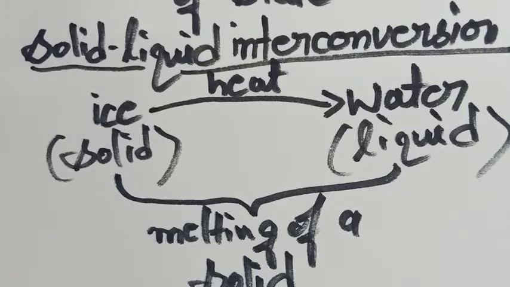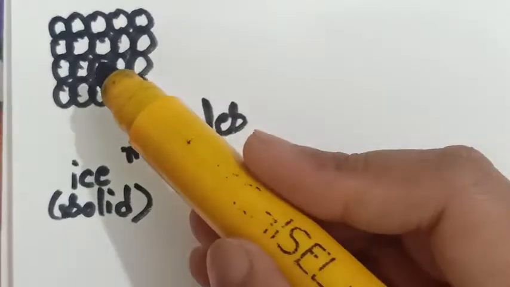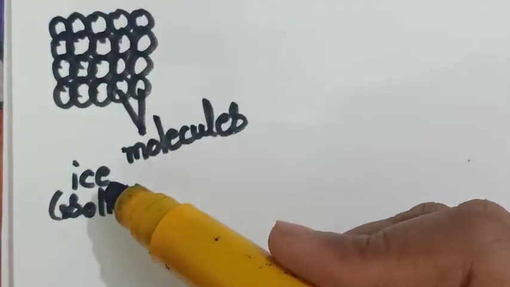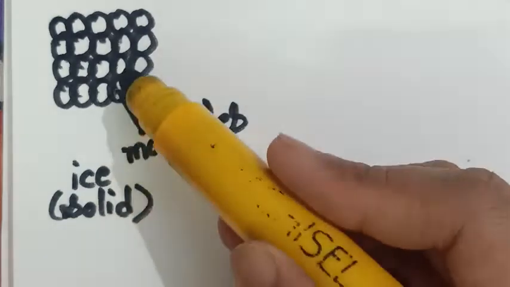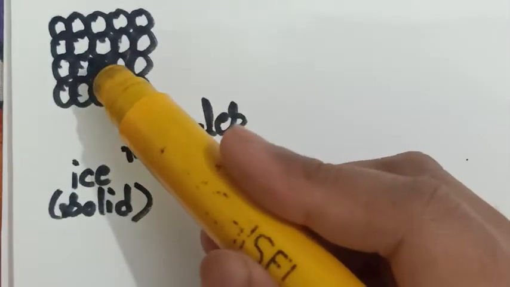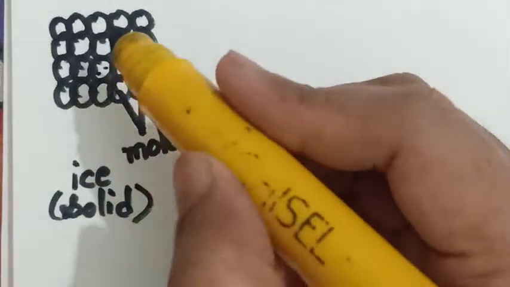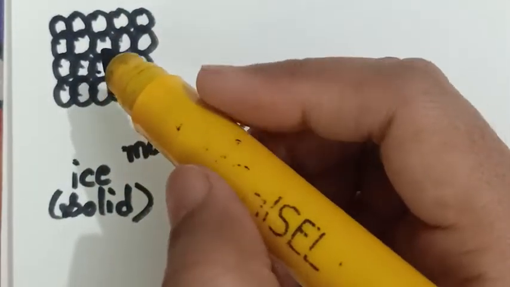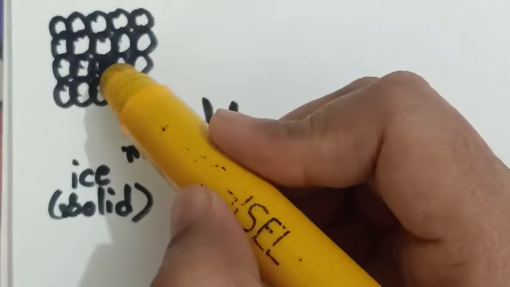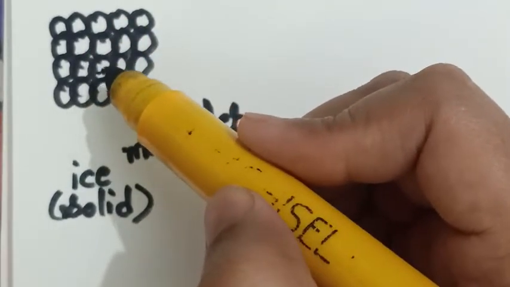Now we are going to observe the molecular arrangement of a solid substance like ice. This is the molecular arrangement of a solid substance, I have taken ice. When we provide heat to this ice, these molecules will start vibrating on their mean position.